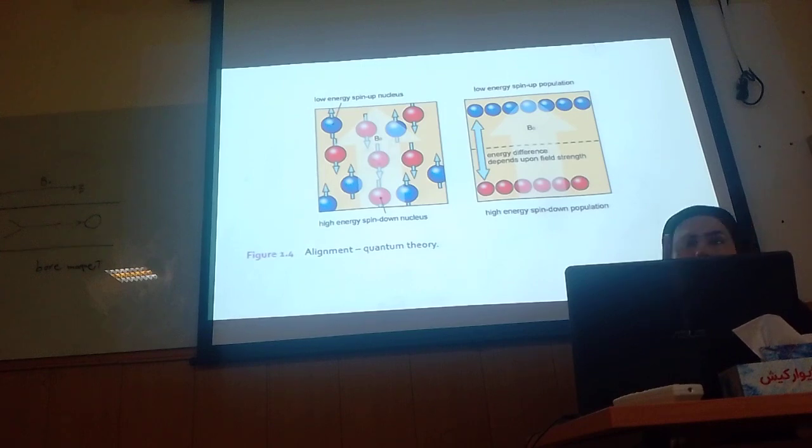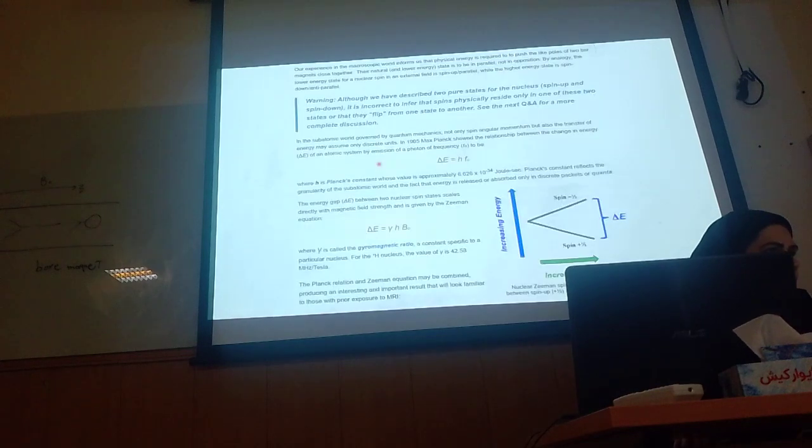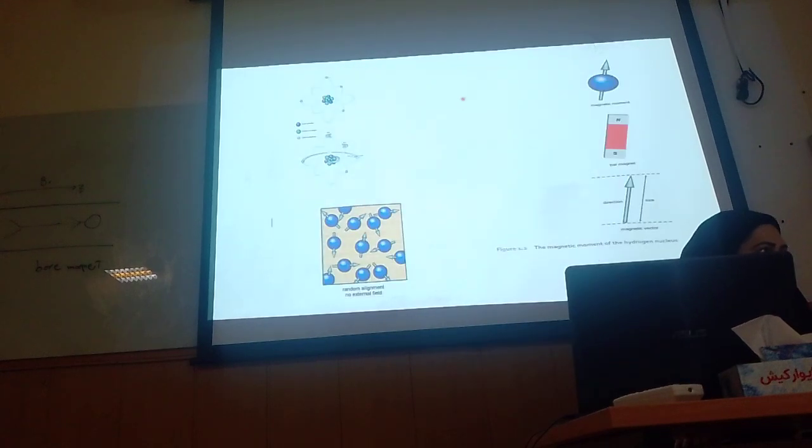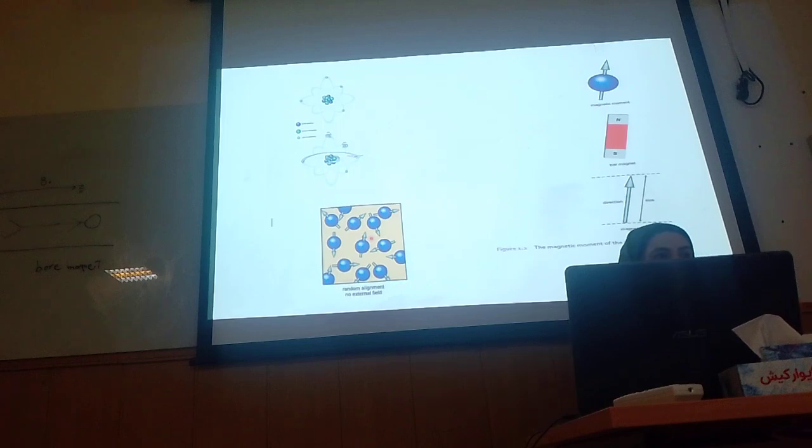Two spin states occur. In this case, when we don't have any external magnetic field, the orientation of the nuclei is completely random. I don't have any magnetic property, or the sum of the moments is zero.